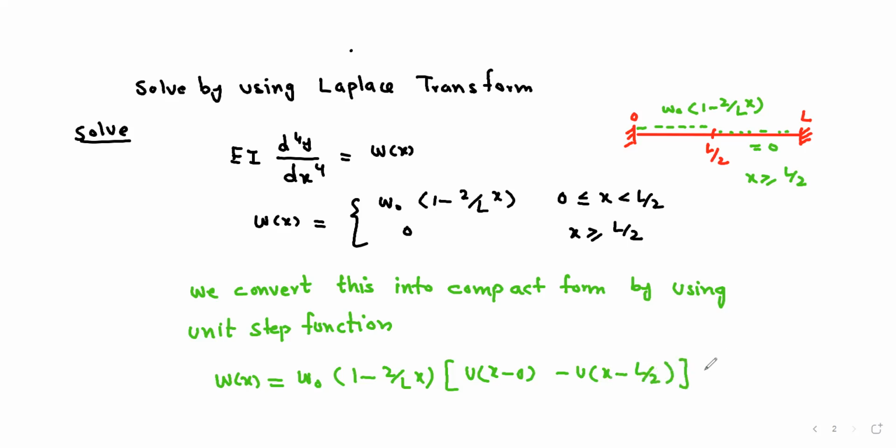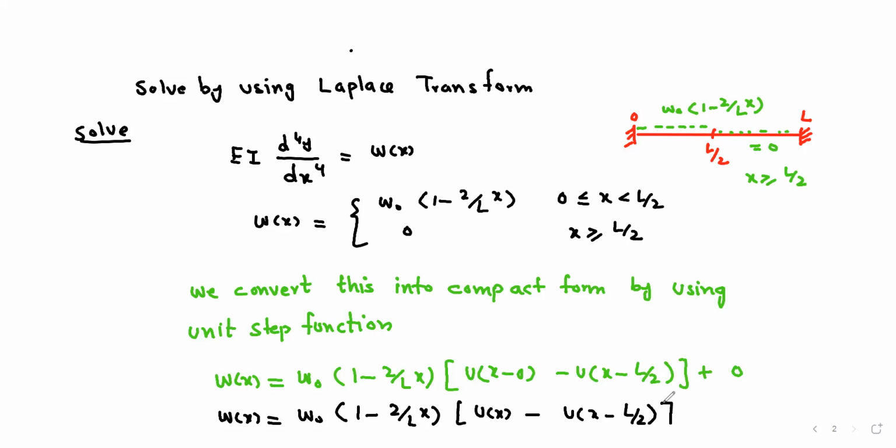Okay, students. Then plus the other piece is 0, and when we multiply something with 0, it is equal to 0. So the compact form of w of x is w naught into 1 minus 2 by Lx into u of x minus u of x minus L by 2. This is the compact form using the unit step function.